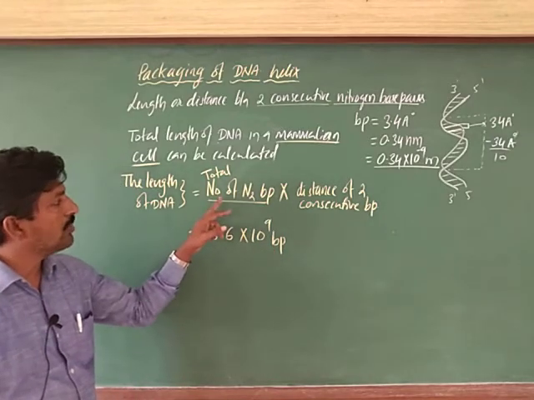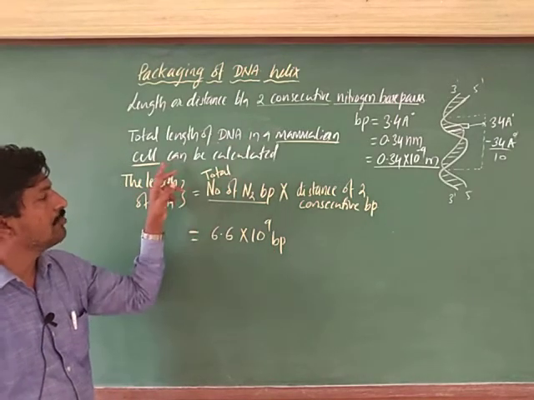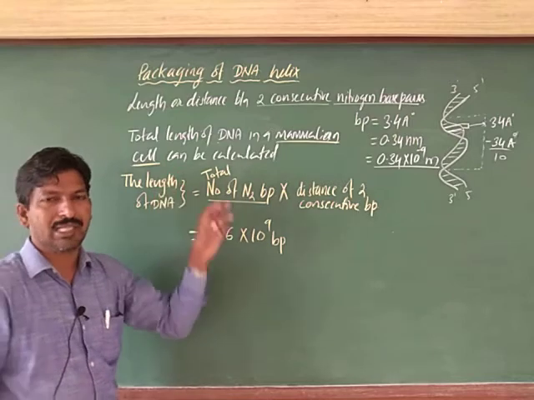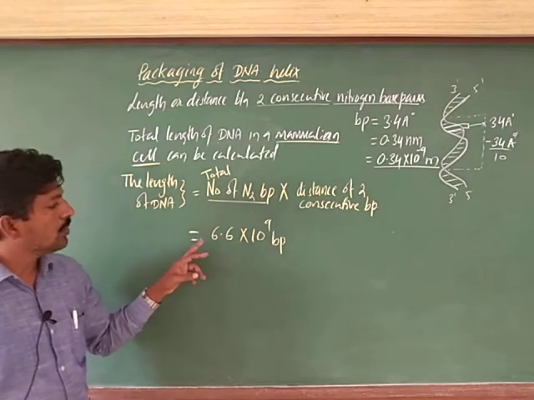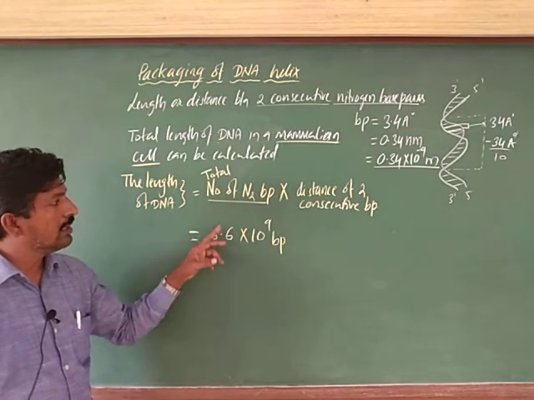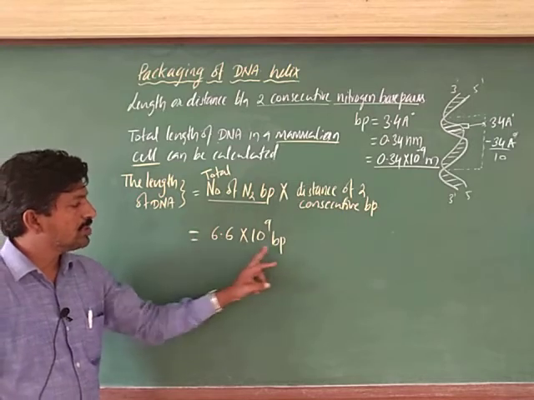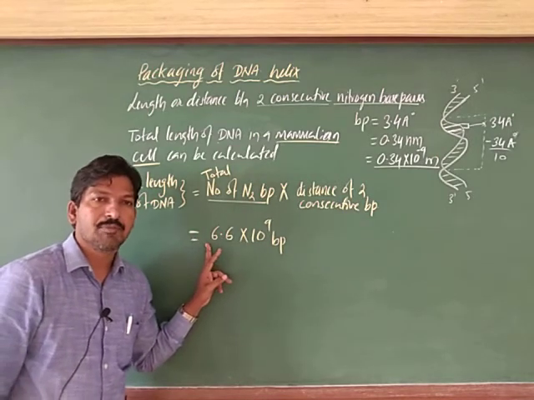So, the total number of nitrogen base pairs in a typical mammalian cell, a model cell we have taken here, is this much. The DNA shows this much of base pairs.